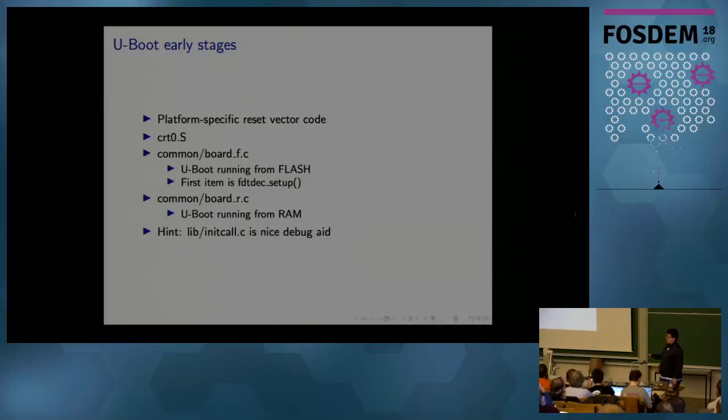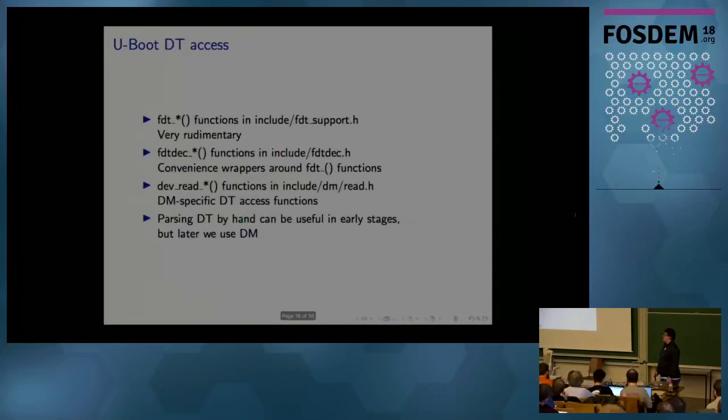Run objdump on the U-Boot binary, figure out what's the actual name of the function, and then look into the code and see what actually happened and why it hung. So this is kind of neat, a way to debug the init list if you don't have a debugger attached to the system.